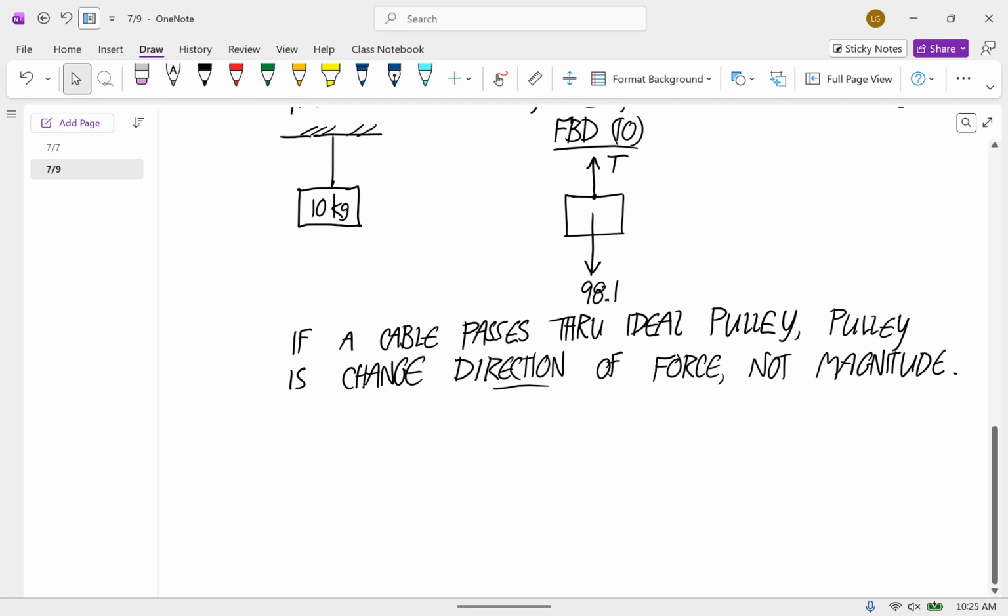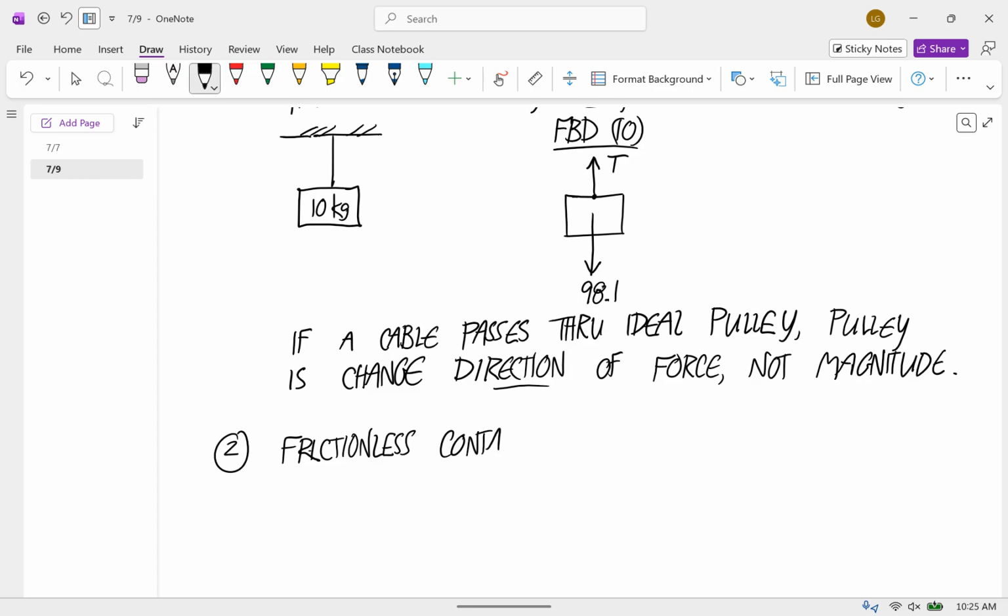Then the second joint type for particles is frictionless contact. This is a pushing force.